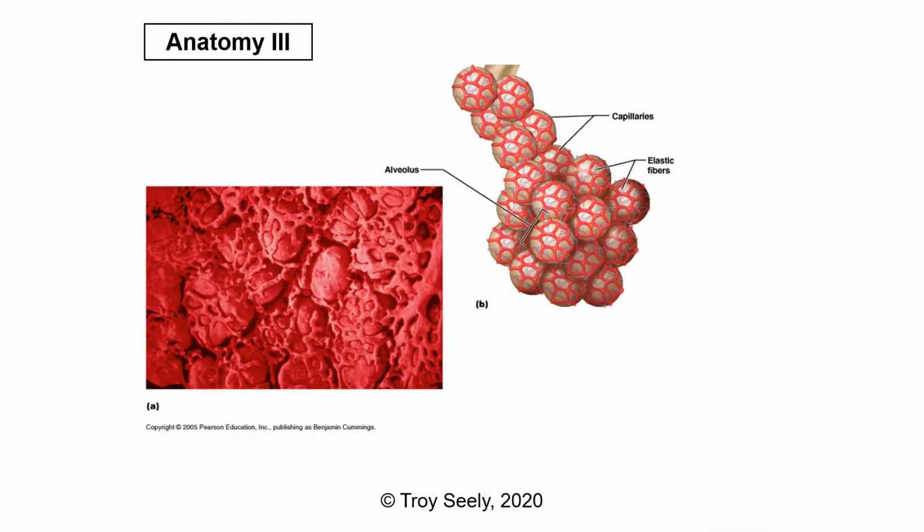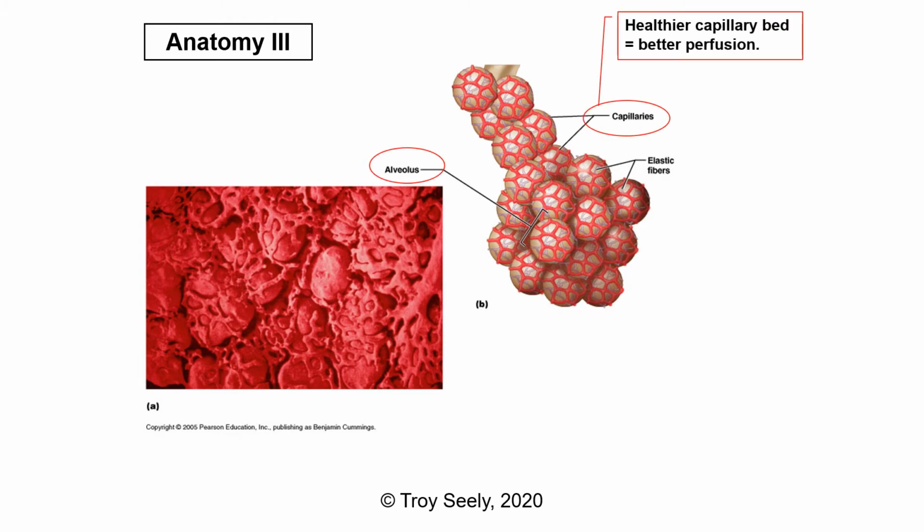So once more, an appreciation of this terminal area of transfer of respiration or gas exchange that can happen. Look at the alveolus and how in depth all these capillaries are around them. So the capillaries, it makes sense. The greater the amount or the healthier the capillary bed that is present, the better this perfusion will occur.